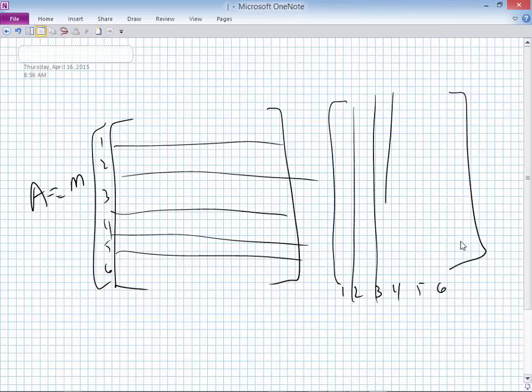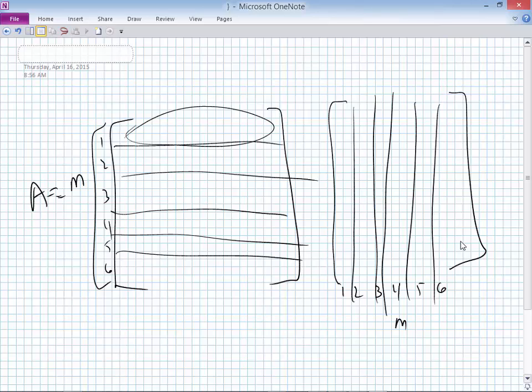Now I can have as many rows over here as I want. But this has to be m. The reason is I'm going to take this row and multiply it times this column right here. So they have to agree.